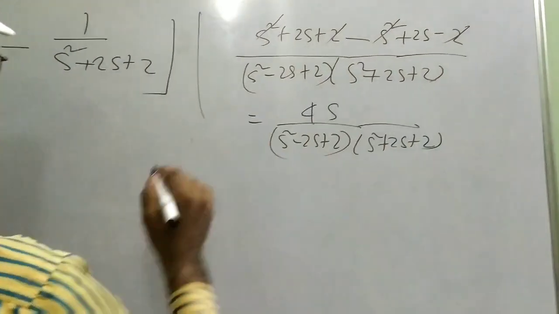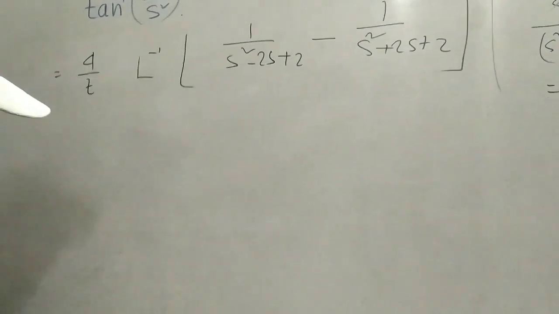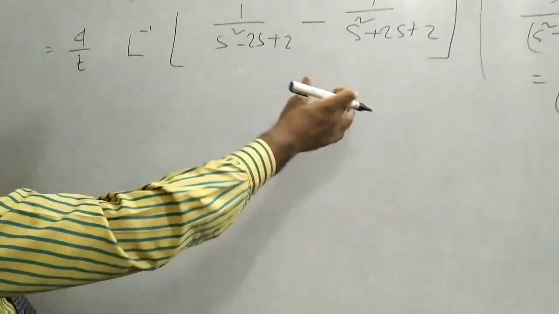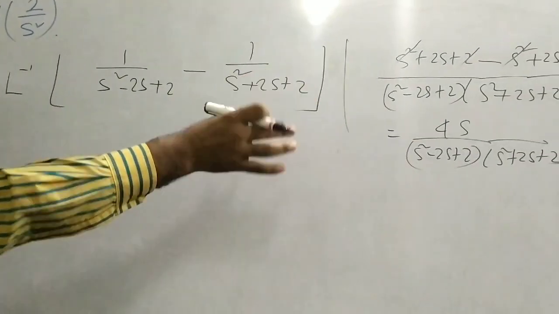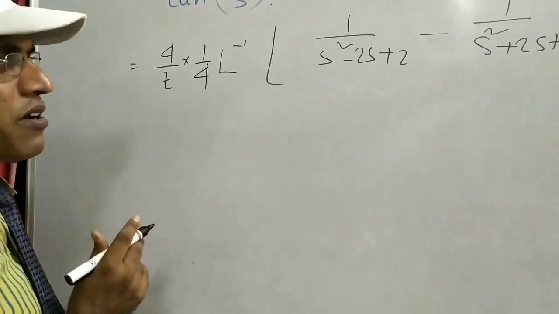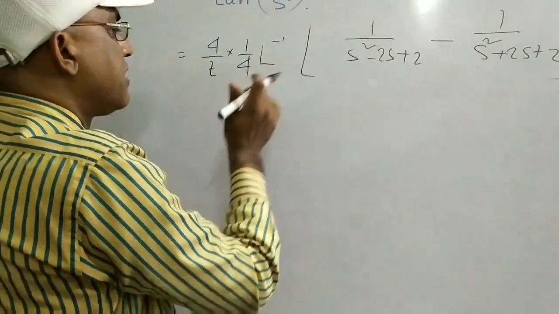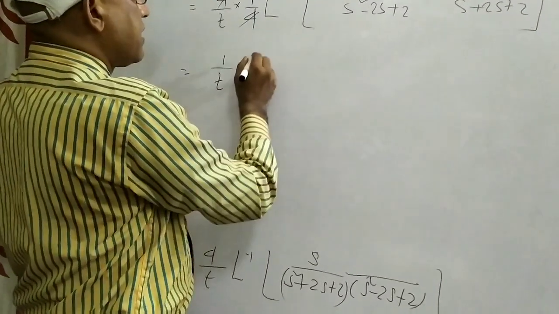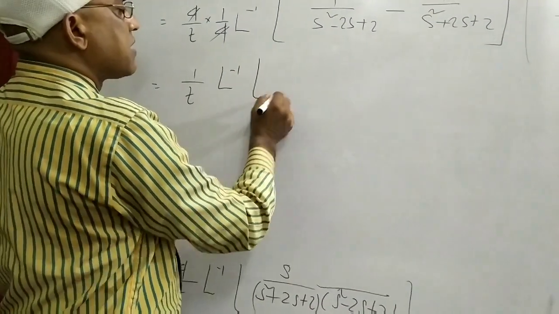We get 4s. Now, actually the numerator in our problem is s, but if we recalculate this, we get numerator 4s. So we write 1 by 4 here. Next, this 4 cancels, 1 by t, L inverse.